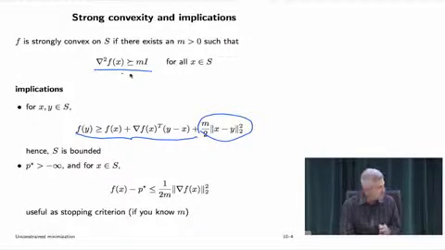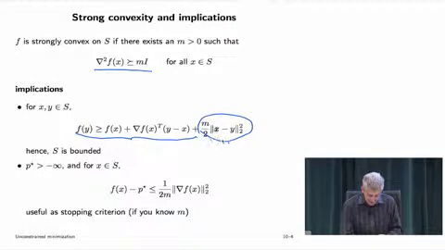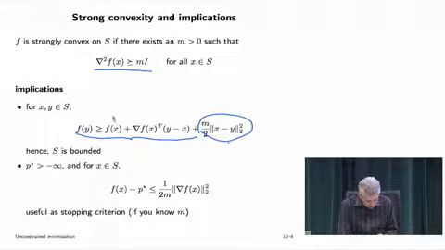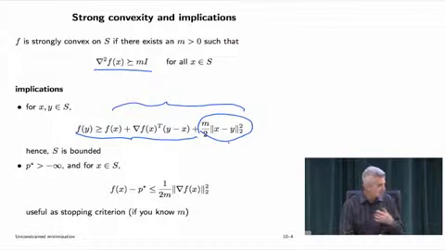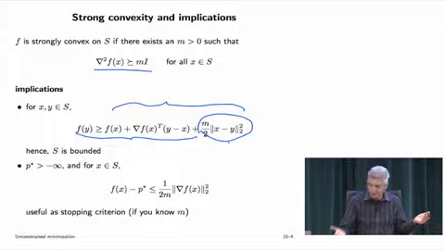If you add the assumption of minimum curvature, then you can tighten it. You can actually say plus m over 2 times the norm of x minus y squared here. And that's really cool, because what used to be an affine lower bound is now a quadratic lower bound, and not just quadratic, but one with a curvature m. All sorts of implications here.